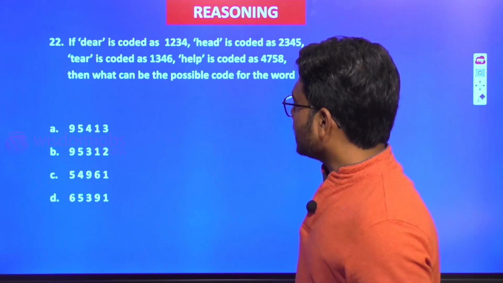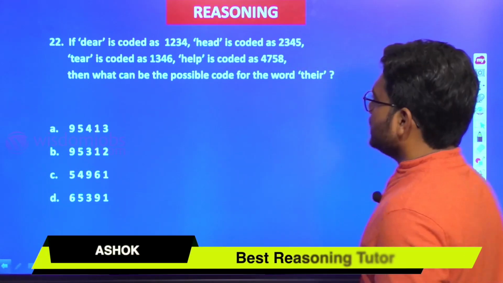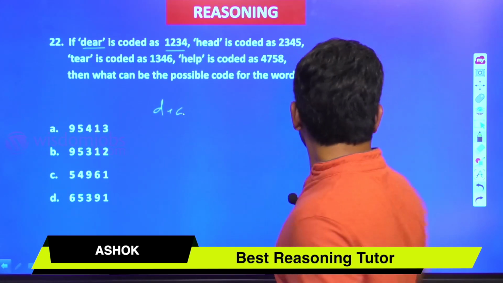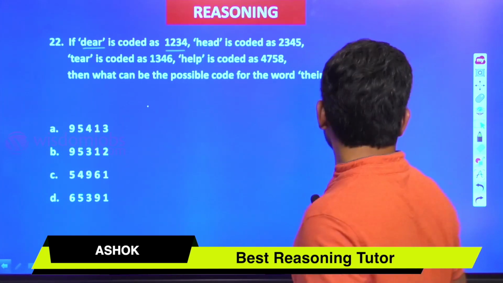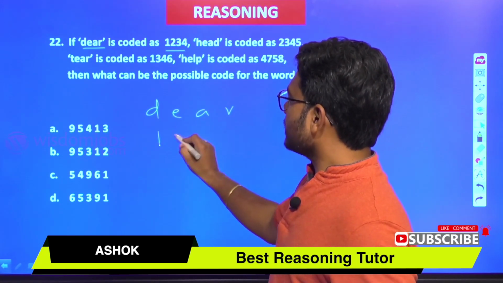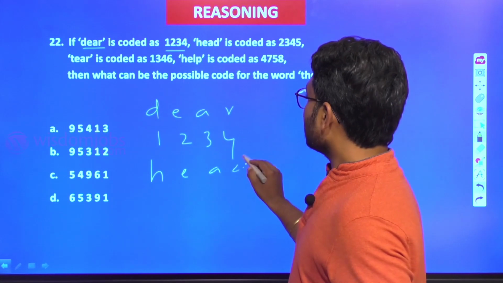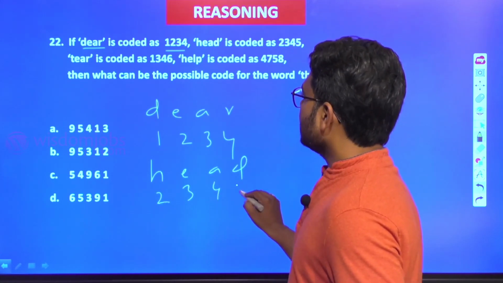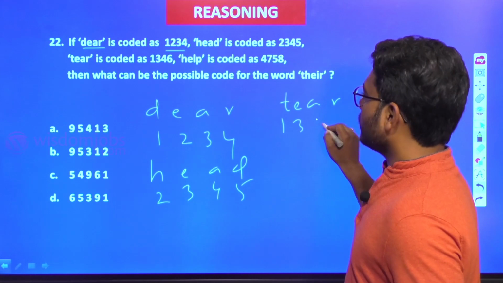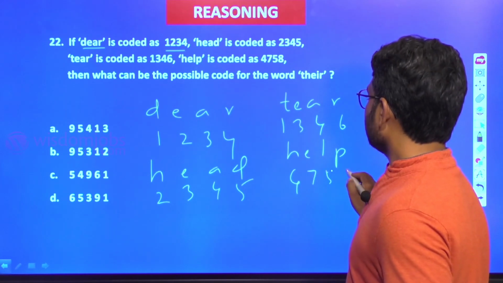Okay, so we could see, if deer is coded as 1, 2, 3, 4, head is coded as 2, 3, 4, 5, deer is coded as 1, 3, 4, 6, help is coded as 4, 7, 5, 8.